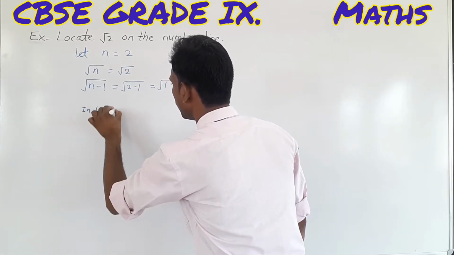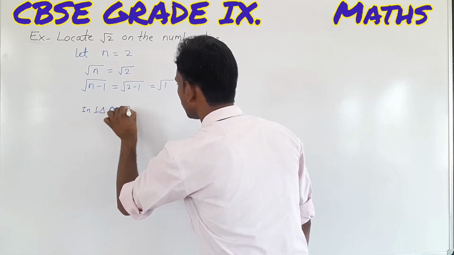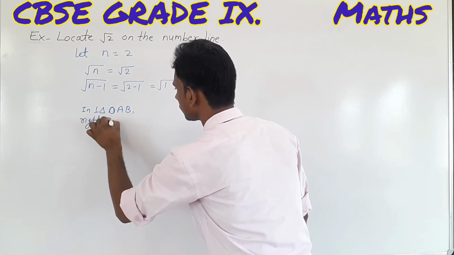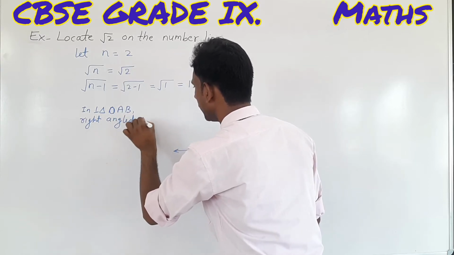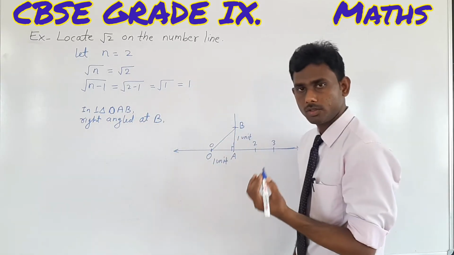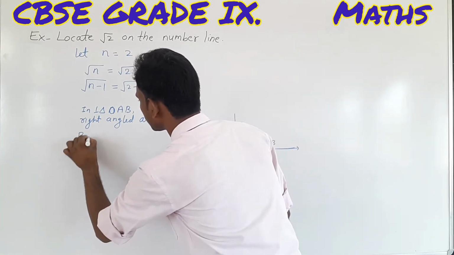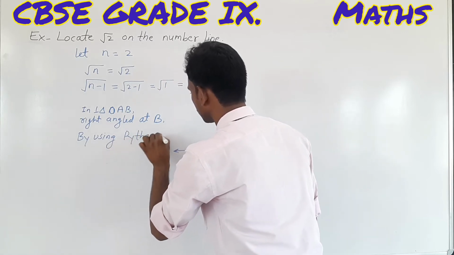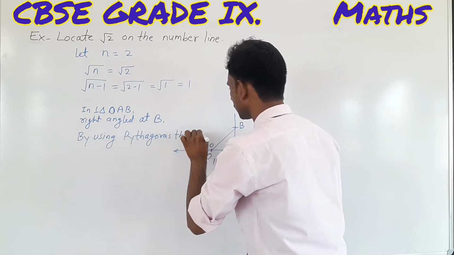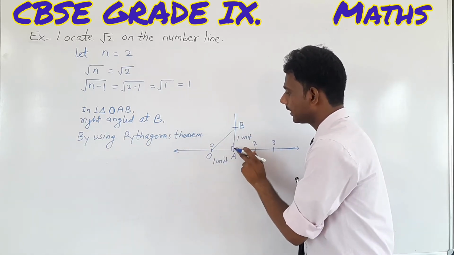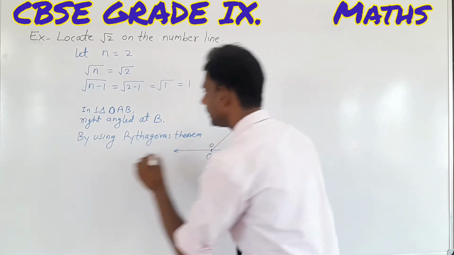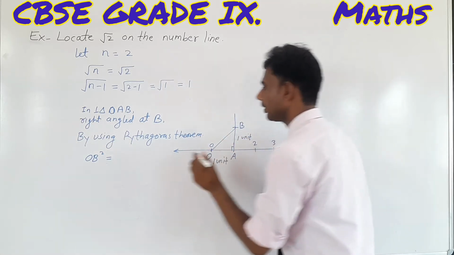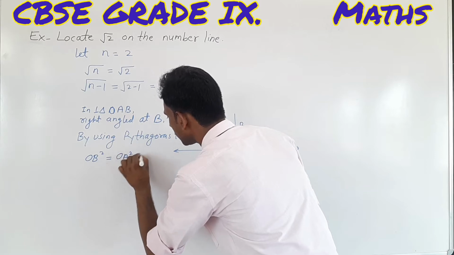In right angle triangle OAB, right angle at A, by using the Pythagoras theorem, the side opposite the right angle is the hypotenuse, so OB square equals OA square plus AB square.